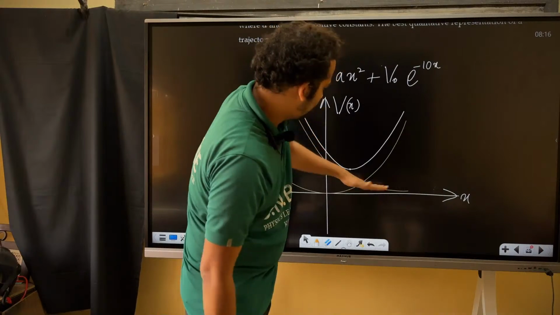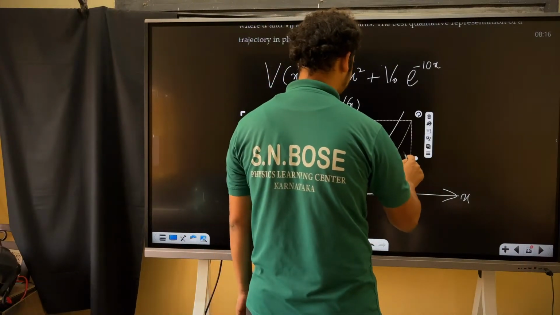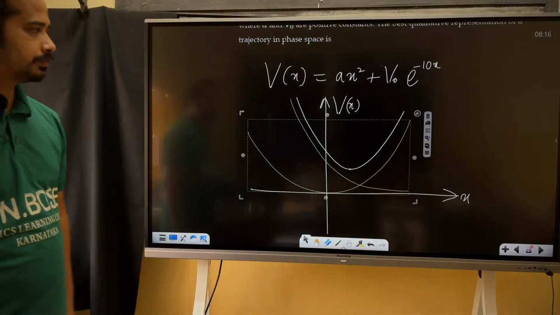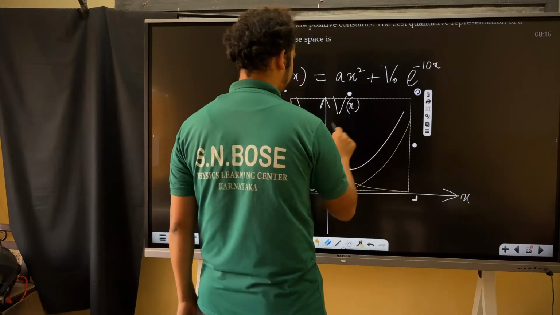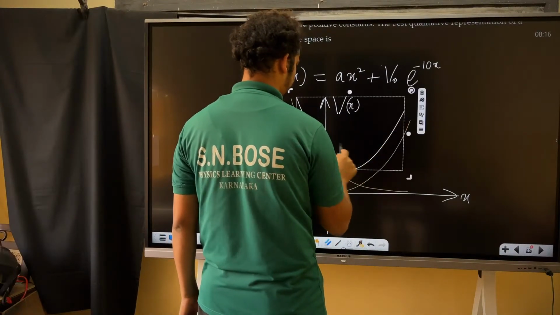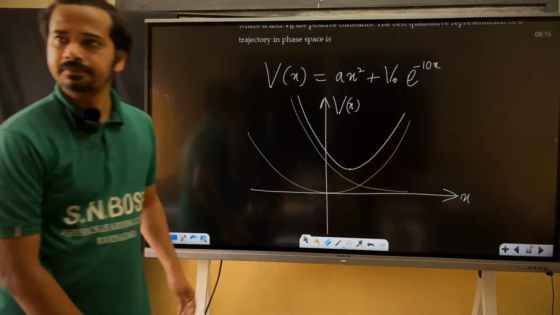You make it steeper, you make it slightly wider. Okay, this curve. Then it would be appropriate. Need to make this curve steeper.